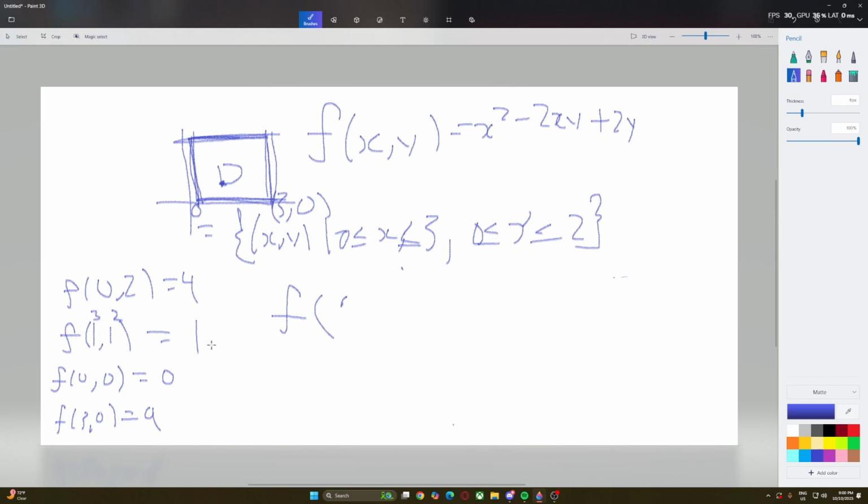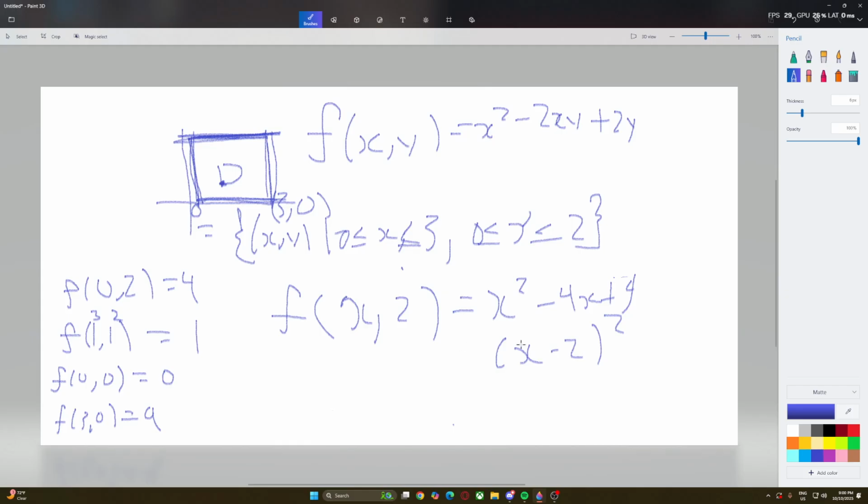Oh wait, yeah, y equals 2. So we start at the top here at a constant 2, which is x squared minus 4x plus 4, and that's just (x minus 2) squared.